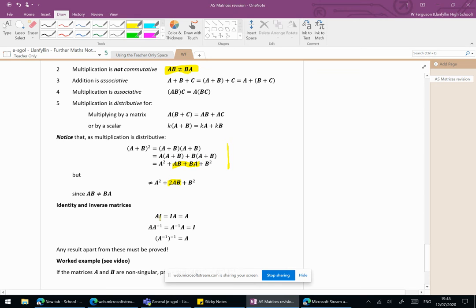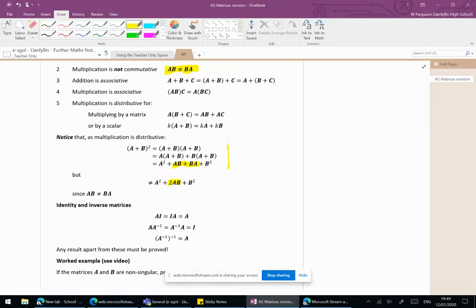The point of an identity matrix is that I can multiply a matrix either on the right or on the left by the identity matrix of the same size, and it doesn't have any effect. Essentially, an identity matrix behaves like the real number 1 in multiplication. It doesn't have any effect.